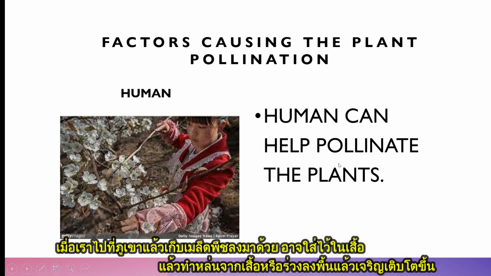Humans can also help pollinate the plants when you go to another place. The seeds in your jacket can be the same seeds as the plant in the other place, so those seeds can go inside.